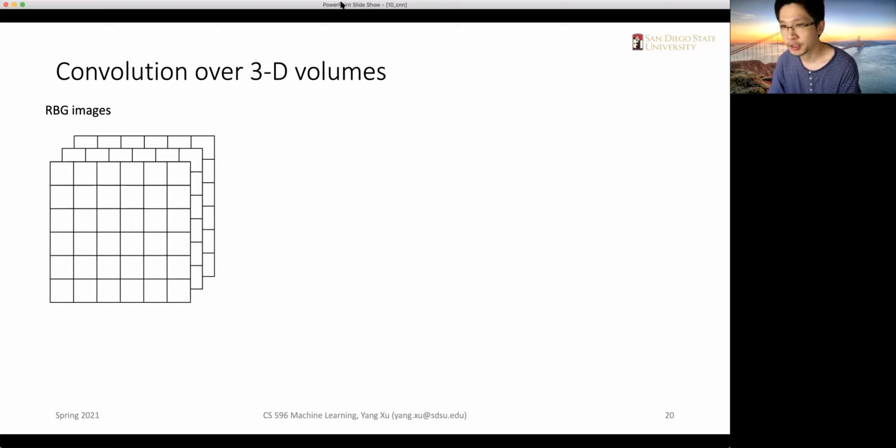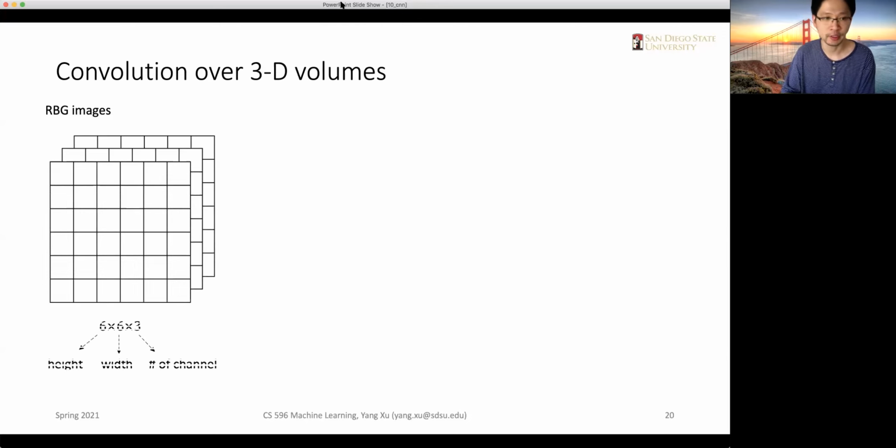If it's not a color image, if it's just grayscale, then a 2D matrix is sufficient. But now if we have colors to describe, then we basically use 3 channels, and we call this RGB channels. R for red, B for blue, and G for green.